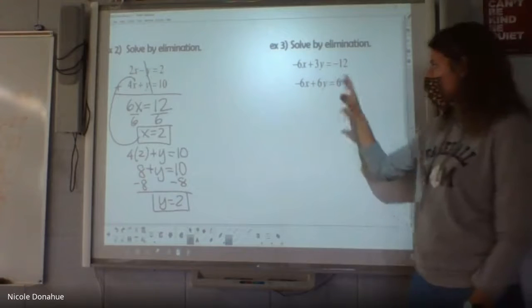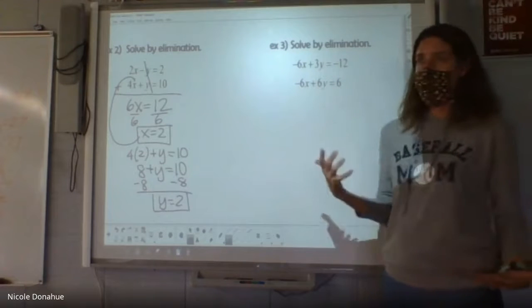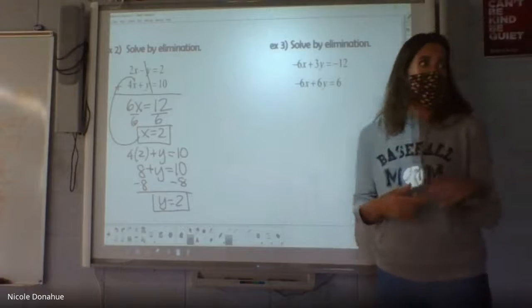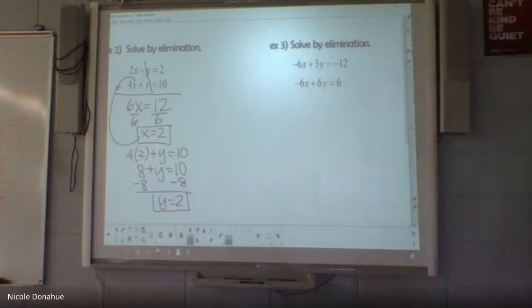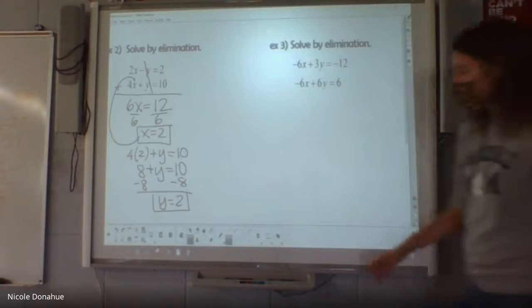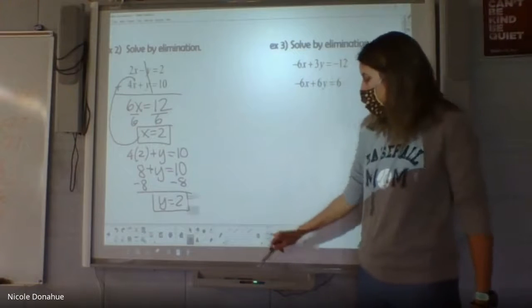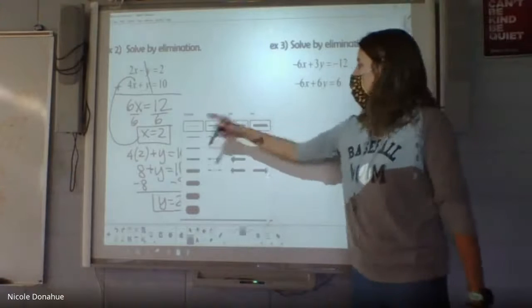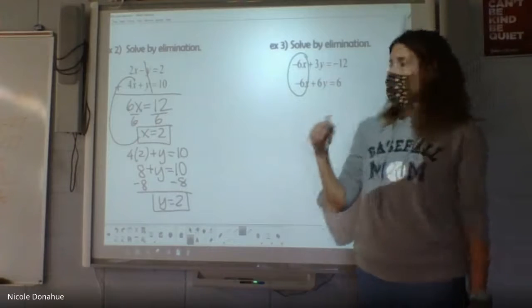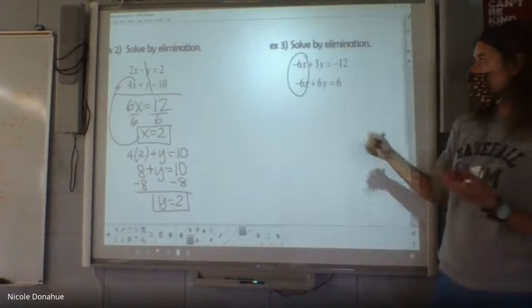So we have to decide what we want here to make something cancel. What do you think, Brian? You multiply all the equations by -1. Yeah, that would be really good, because -1 is easy to work with. What Ryan's suggesting is that we want one of those to be negative and one to be positive.